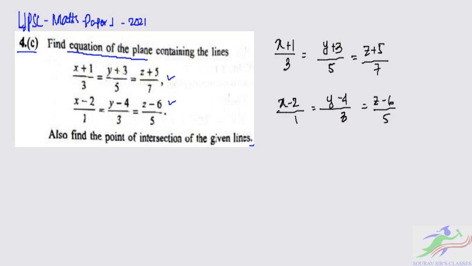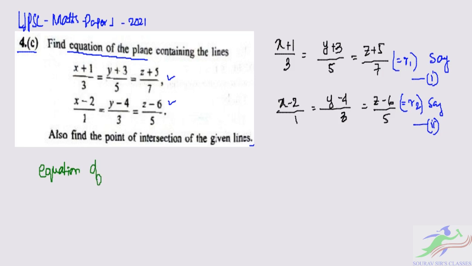Now let us take this as L1, so this is equation number 1, and this as L2, so this is equation number 2, right? So the equation of the plane containing the lines 1 and 2, what will be the equation of the plane? That is the first question we have.